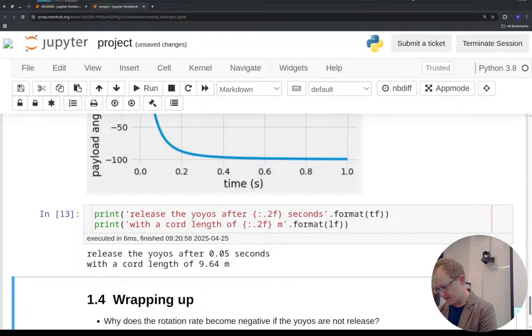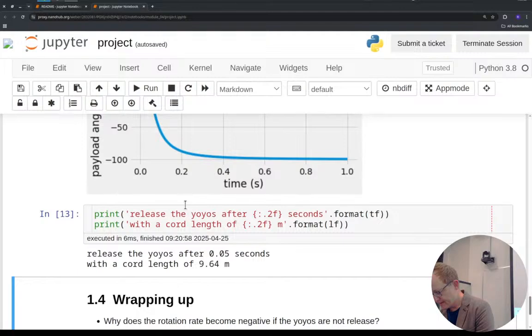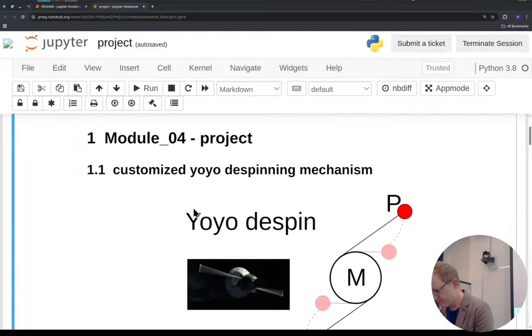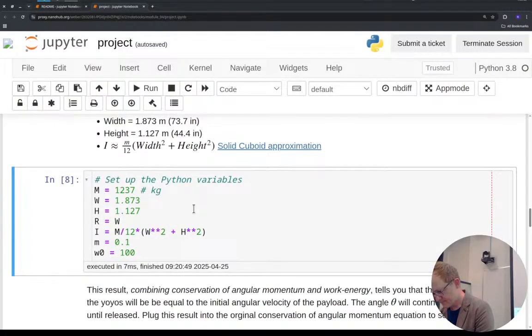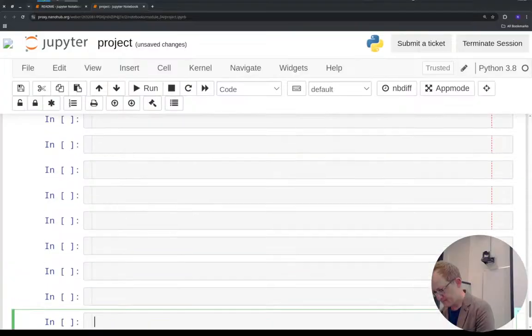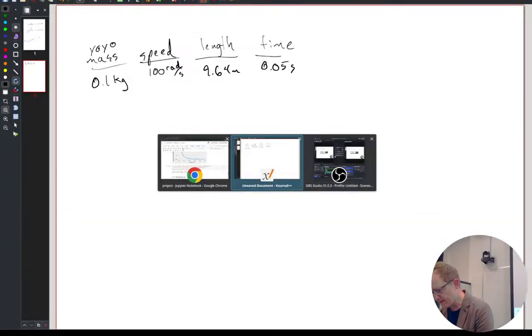Length was 9.64. Time was 0.05 seconds. And then go back up. Why are we moving so slow today? Come on. Then 17.15 and 0.09.